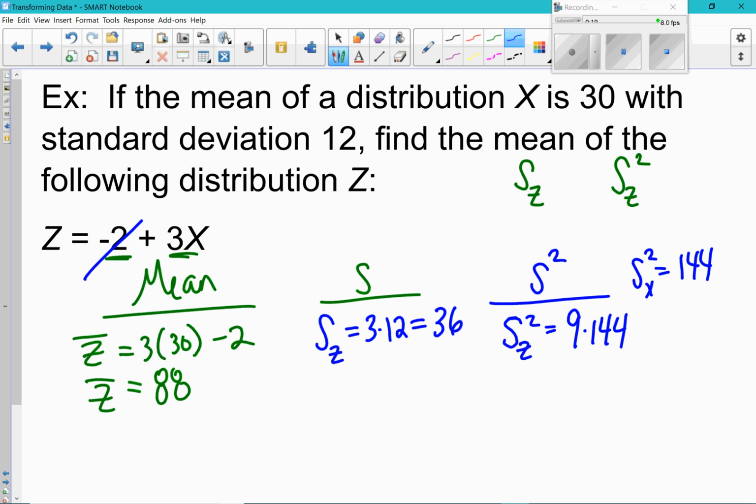This is just the plain old 3 here, and I have to square that number in order to put it inside the variance. It would be the exact same as if I just squared the 36. And whatever 9 times 144 is, I think it's, what, 1036, something like that. Sorry, 1296. And again, this is really just mathematical practice for you. It really serves no purpose.